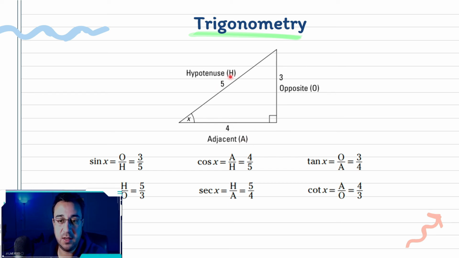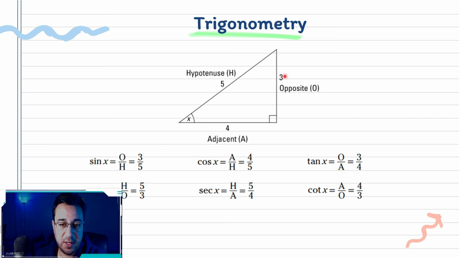And for the sake of showing you the concepts and reviewing with you what you learned in high school, we give the opposite a value of 3, we give the adjacent a value of 4, we give the hypotenuse a value of 5. So, as you remember, what is the sine of the angle x, or what is the sine of x for short, that's the opposite over the hypotenuse.